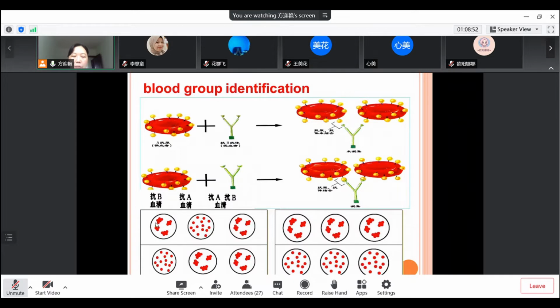Can you tell me, from this first class, which type of ABO blood group this is, according to the result?